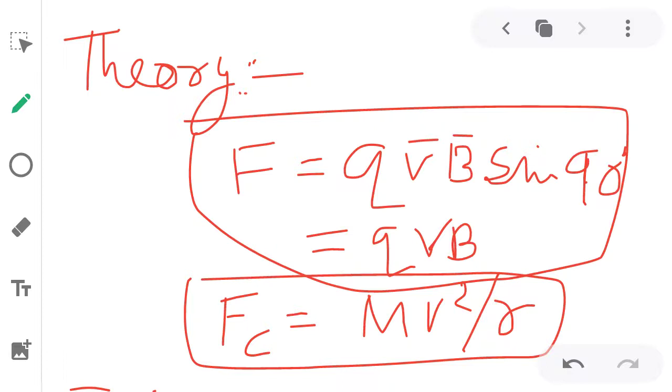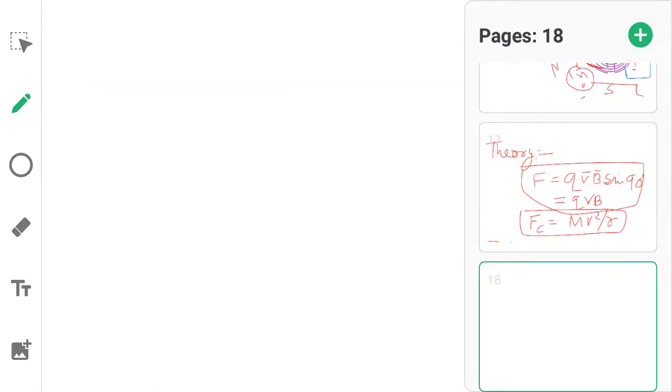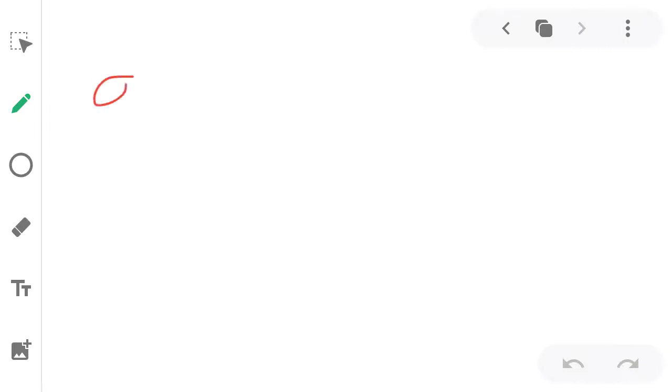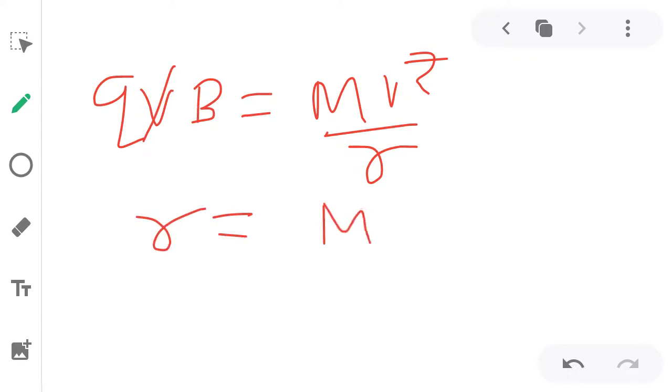We now equate these two. So qvB is equal to mv squared upon r. Simply we cancel out the terms, so we get r is equal to mv upon qB.